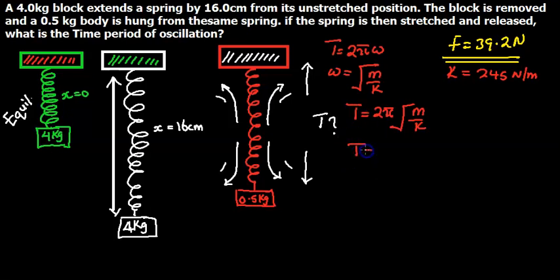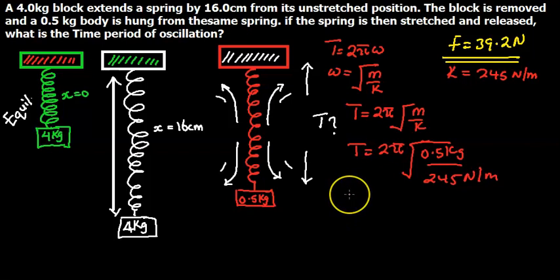Therefore, our time period is simply going to be 2 pi times the square root of the mass, which is 0.5 kilogram, divided by 245 Newton per meter. This is the same way as saying our time period is 2 pi times the square root of 0.5 divided by 245.